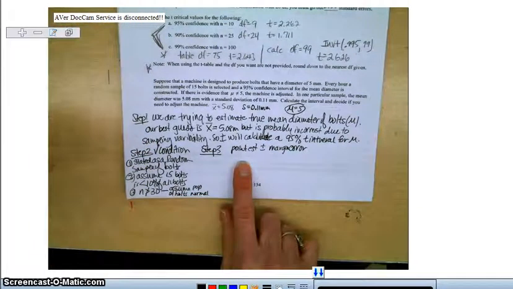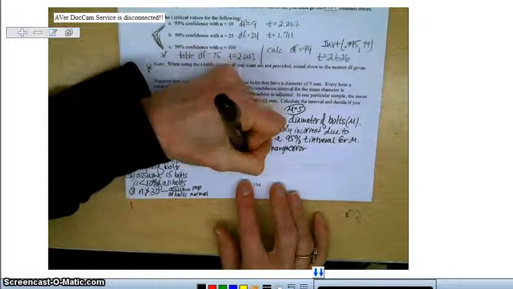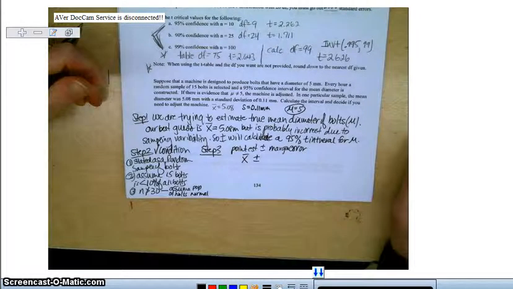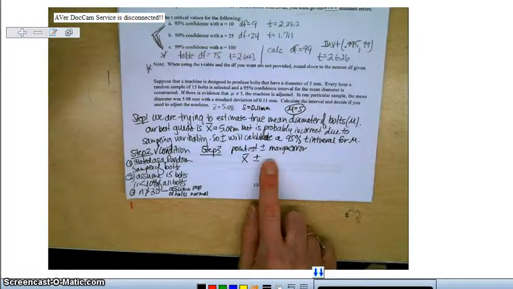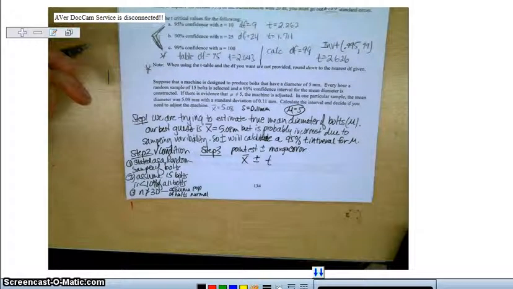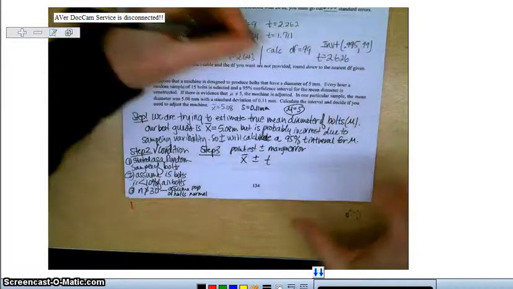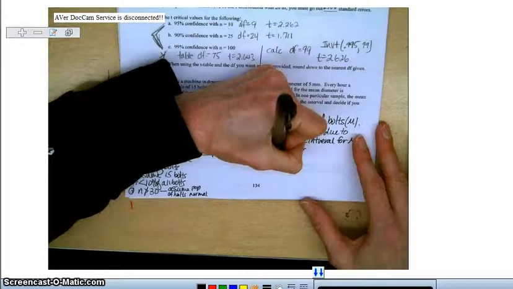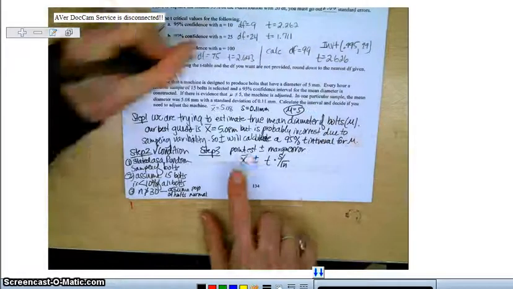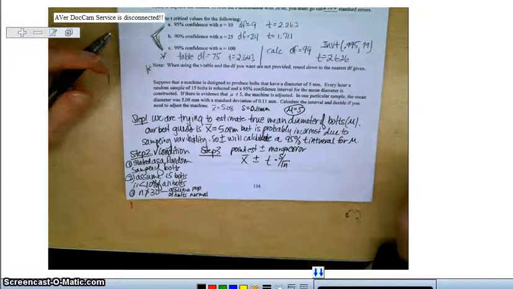X bar. Plus and minus my critical value, t. And the standard deviation of my statistic is sigma over square root of n, but instead of sigma, it's s over the square root of n.